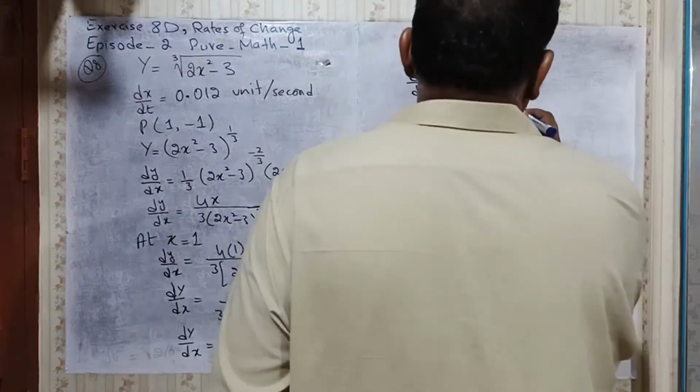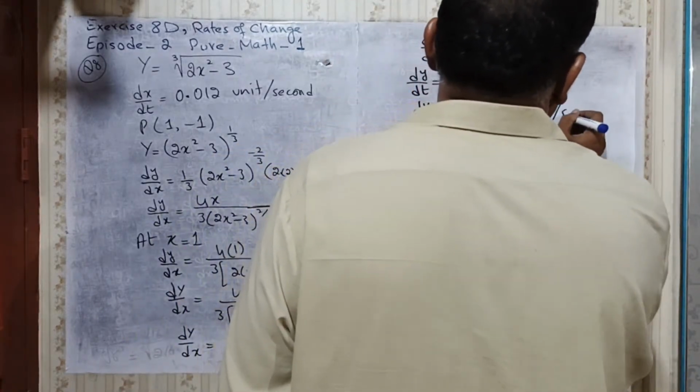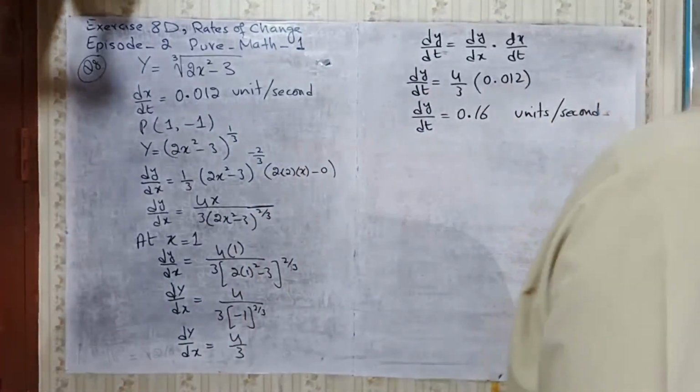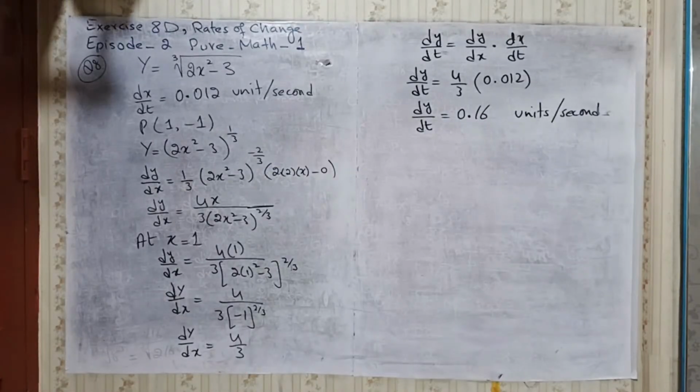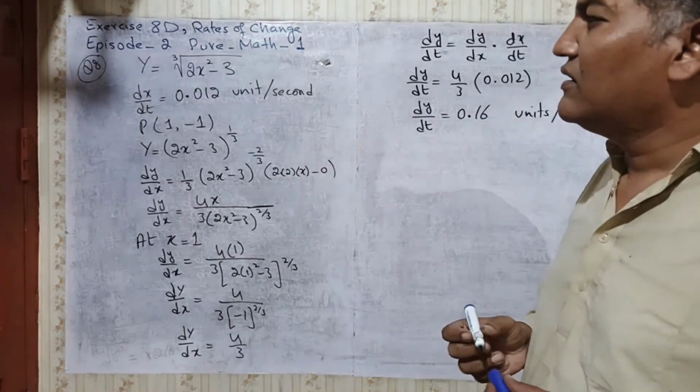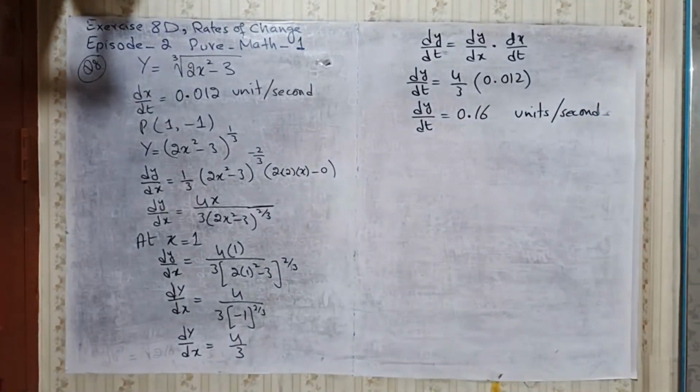Let me check the answer. 4 divided by 3 multiplied by 0.012.